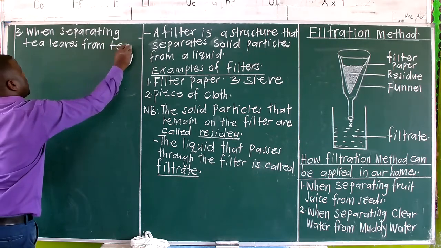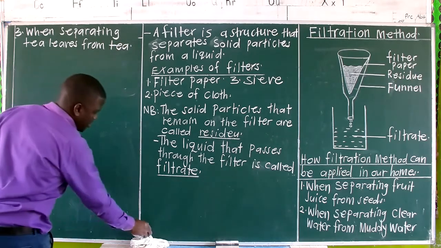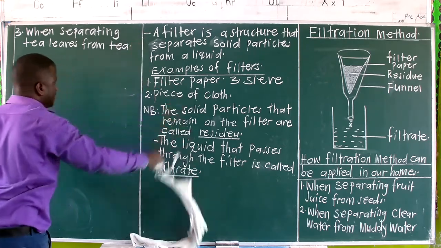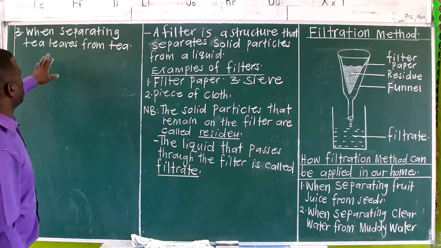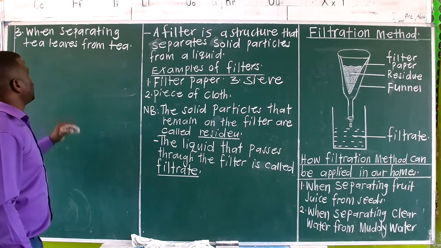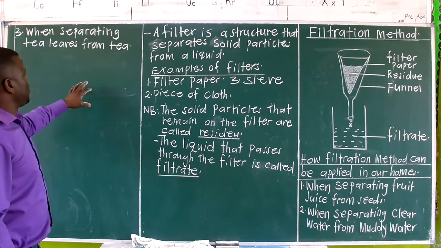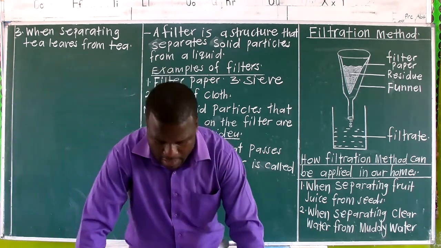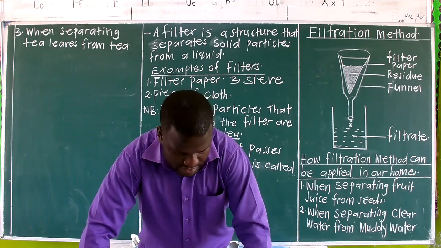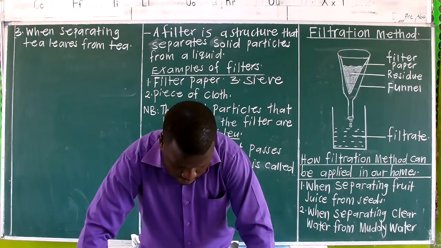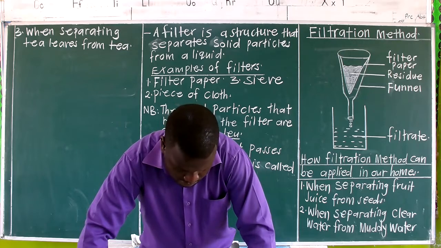So when you separate tea leaves from tea, you get what we call filtrate, which is tea. So those are different ways we can apply filtration method in our homes. That's how we can apply filtration method in our homes.